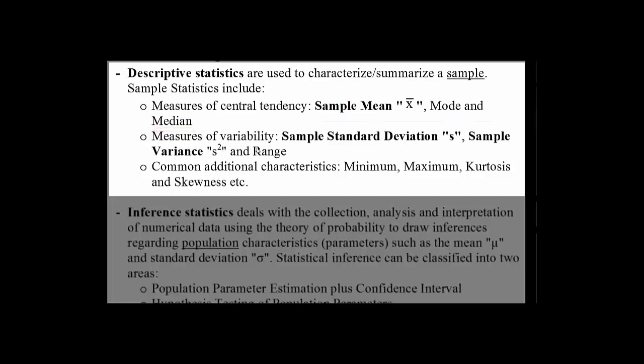Measures of variability, such as the standard deviation, S, sample variance, S squared, and the range. And other characteristics such as the minimum and maximum of the data, and skewness and kurtosis are measures of the sample distribution.